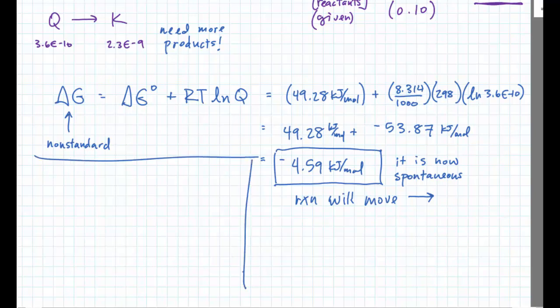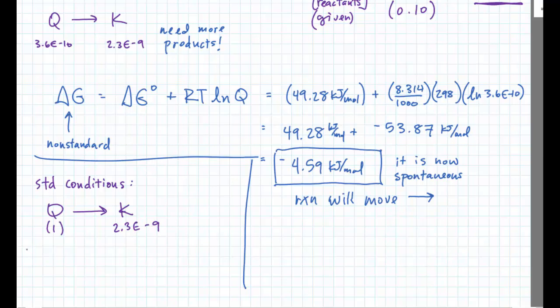Let's just make a little table here. Standard conditions. Q will always go to K, okay? But Q of 1 will go to K, whatever K is, okay? Let's just use our values, 2.3 E minus 9.